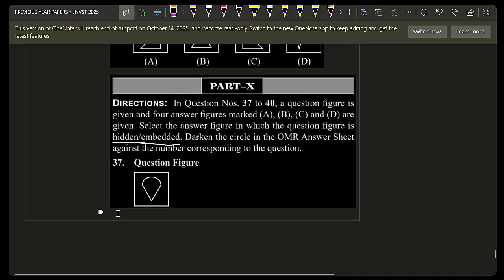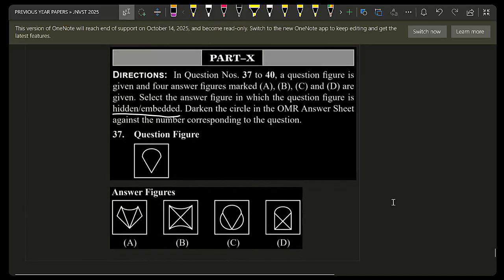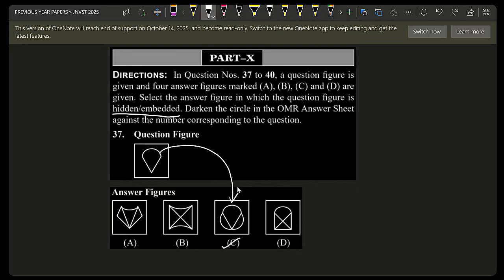Now we have to identify the question figure. Where is it available? Clearly, we can see it in option C. This part is here.